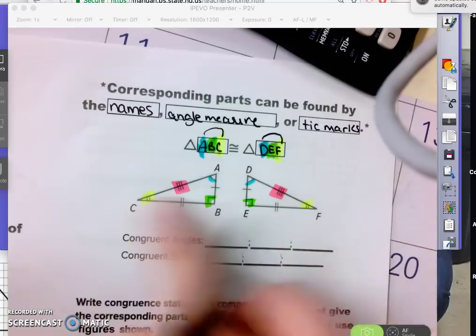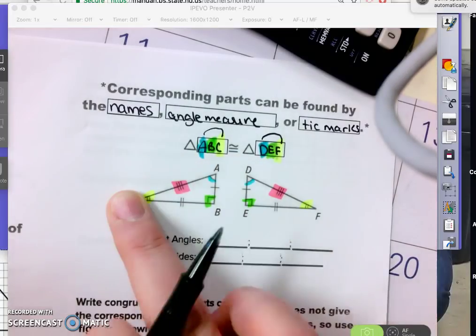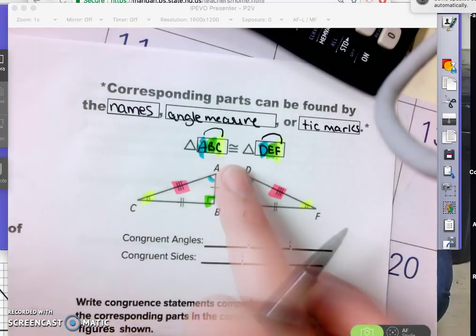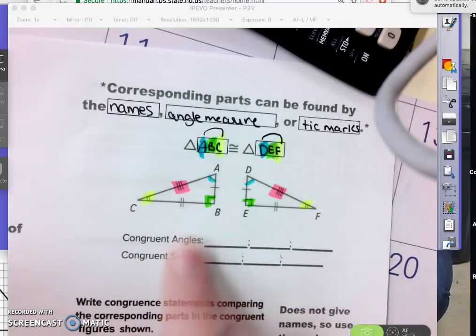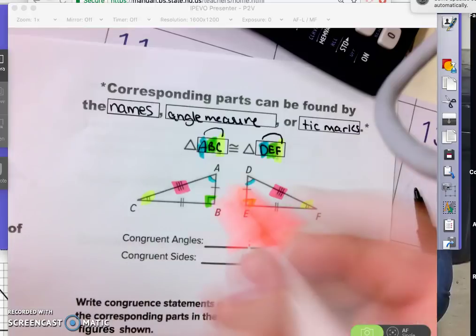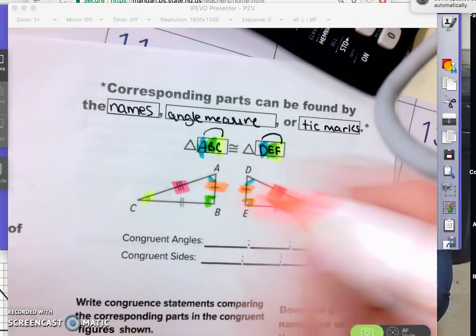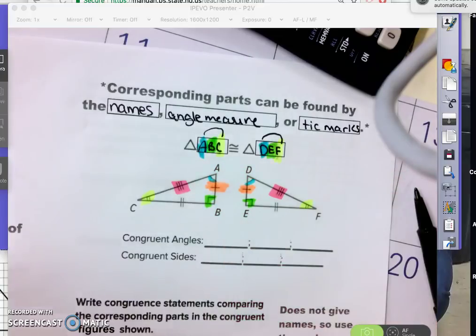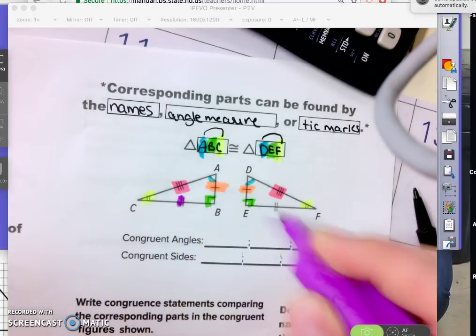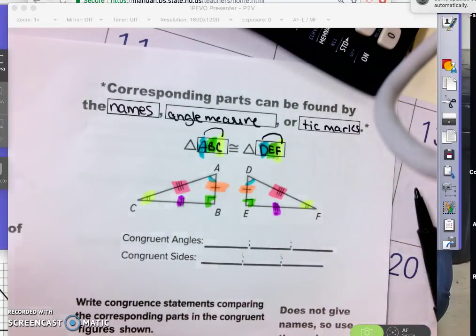So the side length AC is congruent to or equal to DF. And we're going to write that down here after a second. Then I'm going to go to the one that has 1 tick mark. That means those 2 side lengths are the same. And then our last one that has 2, that means those 2 are the same.